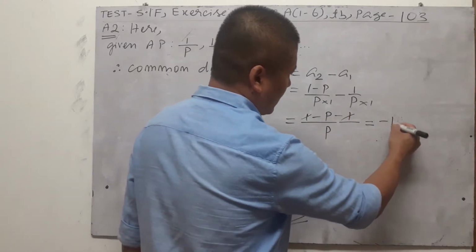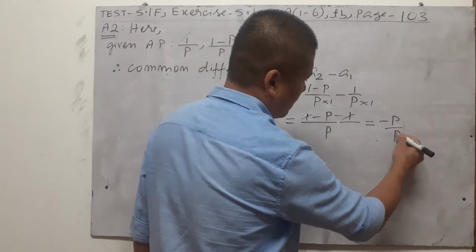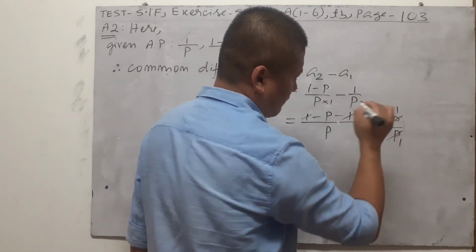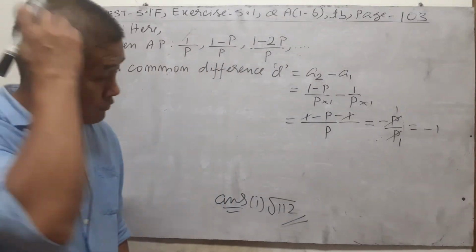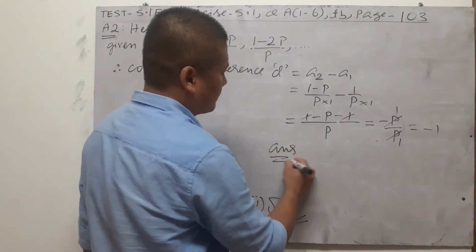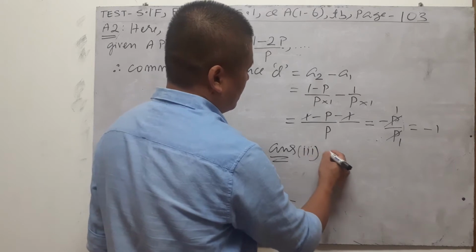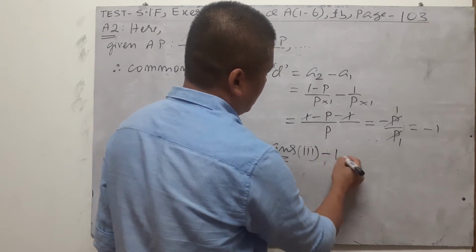So you are left with minus P by P. A number divided by the same number is 1, so minus 1. The answer choice matching this is the third one. The common difference is minus 1.